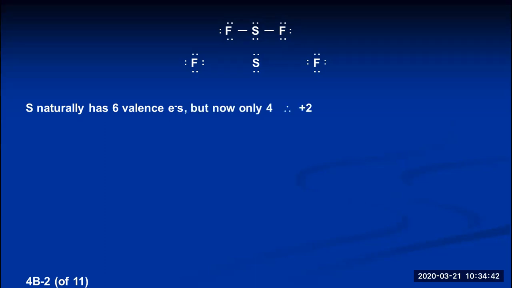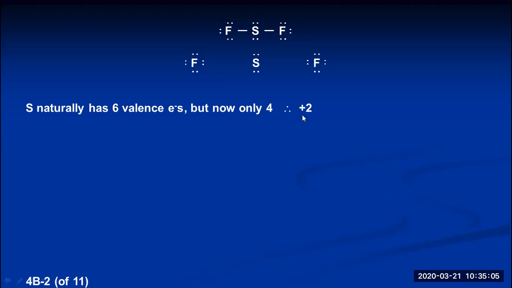Because this is an assigned charge, it's not the actual charge of the sulfur, I'm not writing it 2 positive. I'm writing it +2. That's how we differentiate between charges that are assigned or pretend and charges that are actual. The actual charge, we would write 2, then the plus sign second. This is an oxidation number. It's not a real charge necessarily.